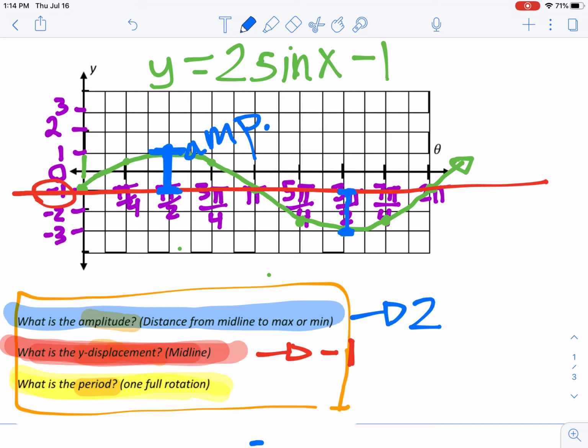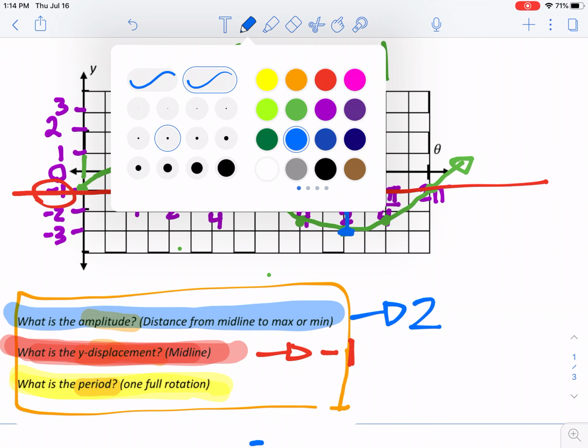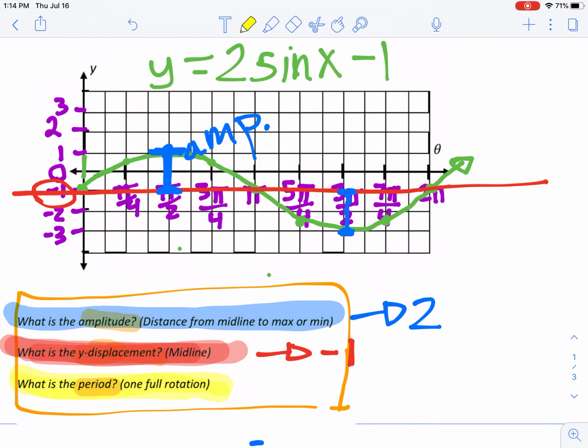Next, I want to move to the period. I'll do this in yellow. I think you guys can still see yellow. The period is how long it takes to do one full rotation. Think of it this way: we started right here at this yellow spot, and one full rotation would mean I would keep moving along. That right there is half a rotation, so you can think of it like we've done half the unit circle.